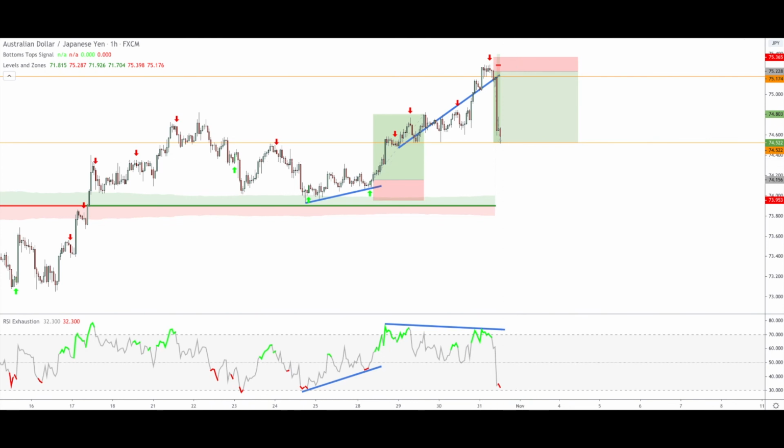Who cares where the price will go? We know for sure that if in the next days, in the next weeks, in the next months, or whenever it will come, we get another opportunity just like this one, just like the previous one that we recently had, then it's gonna be our opportunity. It's gonna be one of those high probability trades where the chances that you are right are extremely high.